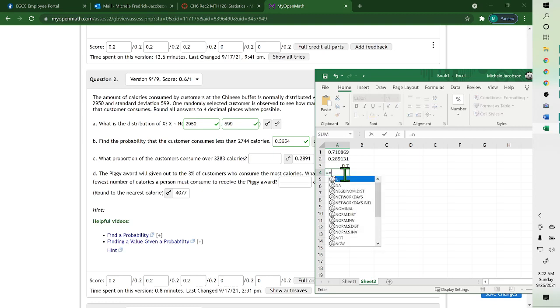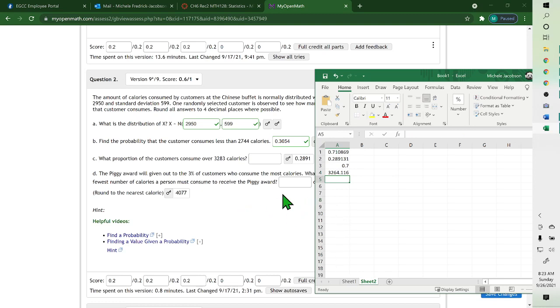So we go equals norm. Now we want a value, so that's inverse. You put the percent below, and that was the 0.7, comma, the mean, 2950, 599, and hit enter. And there's our value.